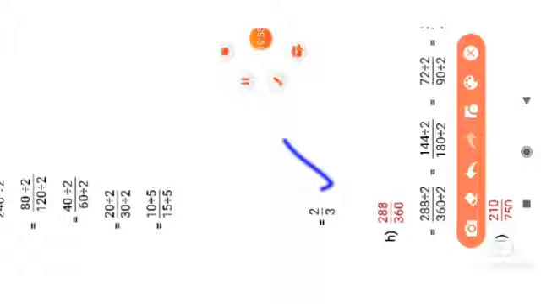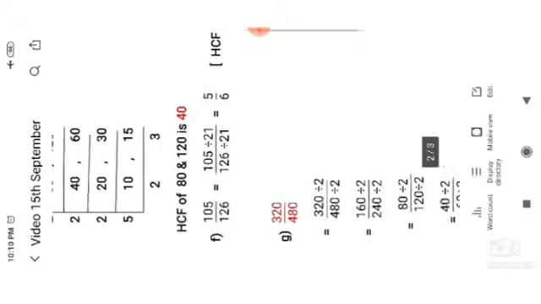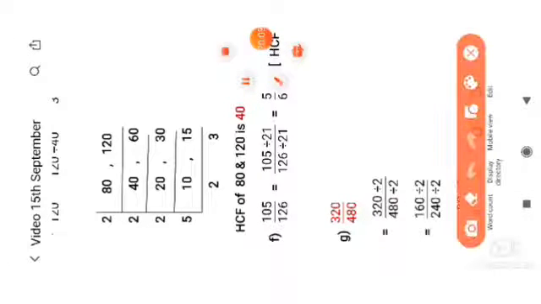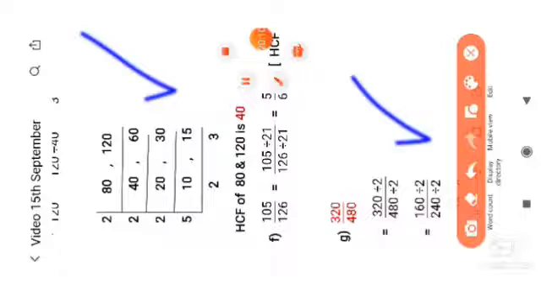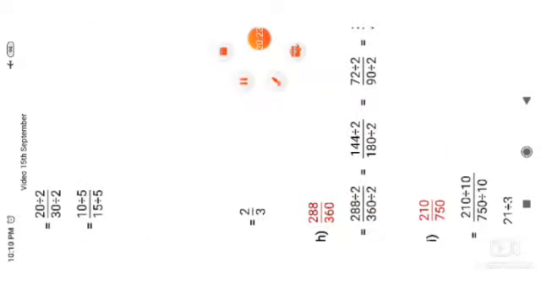No matter whether you follow the first steps which I showed earlier or these steps, it doesn't matter. It is only up to you, but the answer will be the same in all cases. Okay, so let's come to the next sum.